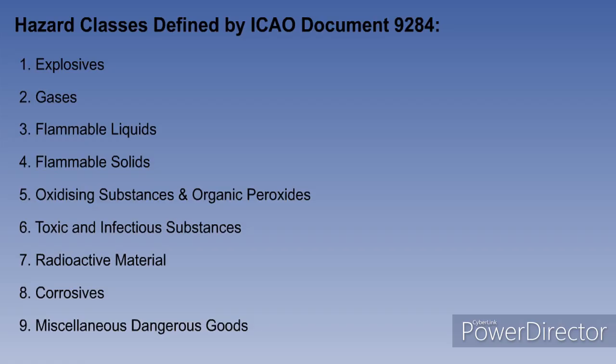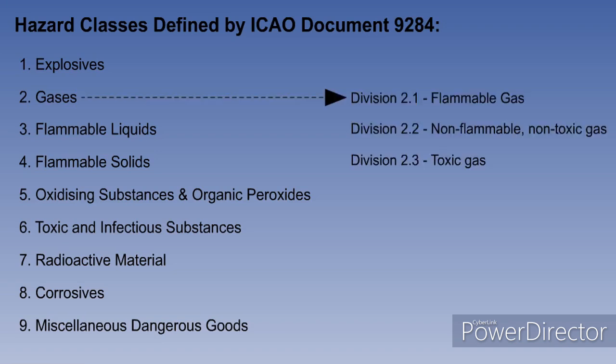Students are not required to remember the priority in which they are classed. Some of the classes are separated into divisions because of the wide scope of the class. For example, Class 2, gases, is subdivided into Division 2.1 flammable gas, Division 2.2 non-flammable, non-toxic gas, and Division 2.3 toxic gas.